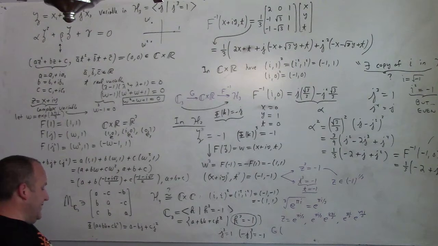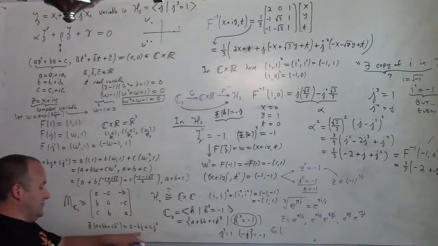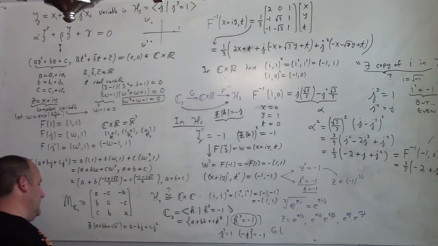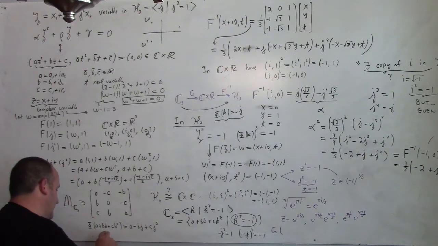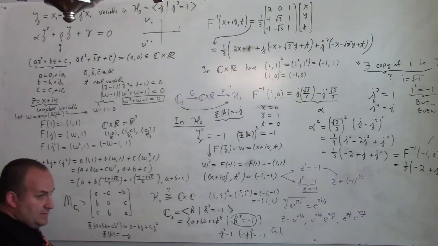That would be an isomorphism. It does send 1 to 1, right? So psi of 1 equals 1. And phi of k, of course, is minus j.